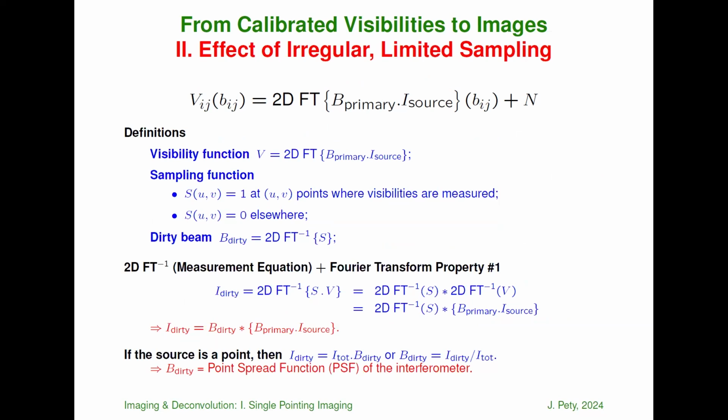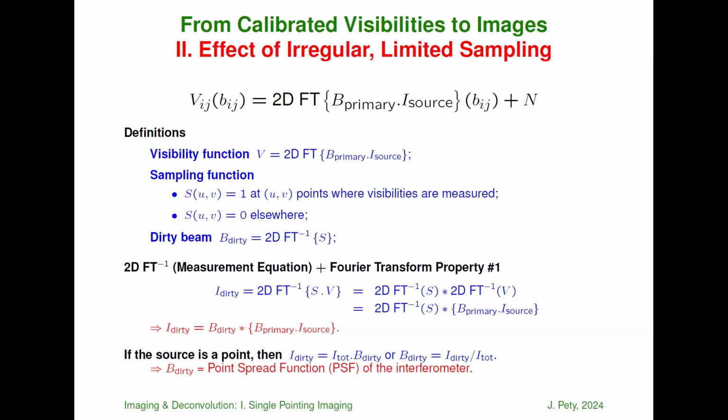Let's try to understand now what is the impact of the irregular limited sampling on the image in the image plane. So again, the measurement equation, and let's make a few definitions first. Let's define the visibility function, that is the 2D Fourier transform of the product of the primary beam times the source intensity.